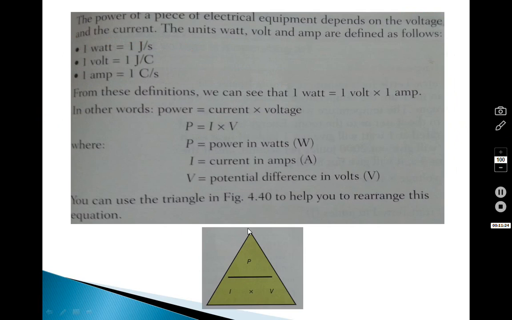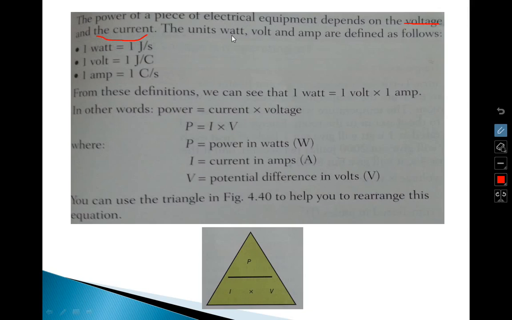Okay, now we are going to take an example for more explanation. The power of any piece of electrical equipment depends on voltage and current.